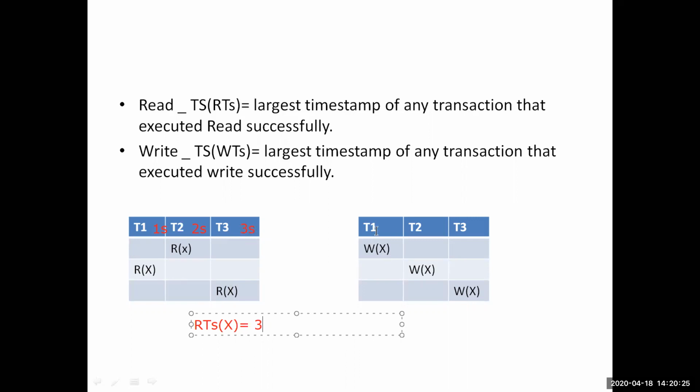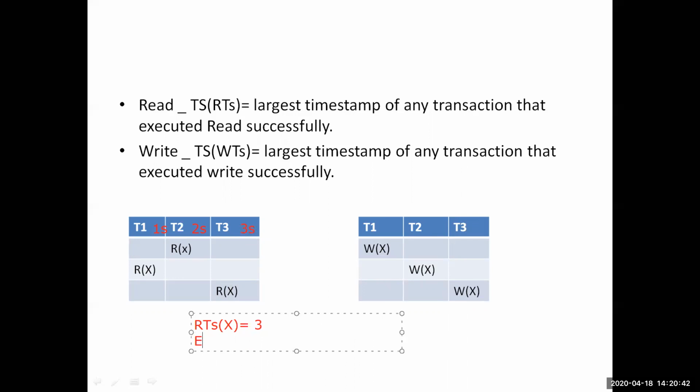Same thing we can find out for the write operation. So write operation is performed by T1, T2, T3. I am going to consider 1 second, 2 seconds and 3 seconds as the timestamp for T1, T2, T3 respectively. So last write operation, who is doing it? T3. What is the timestamp of T3? It is 3 seconds.